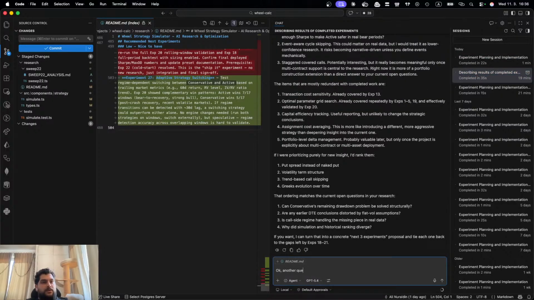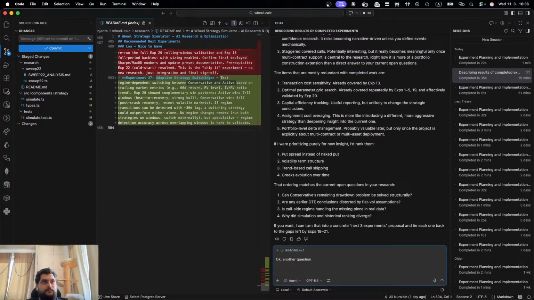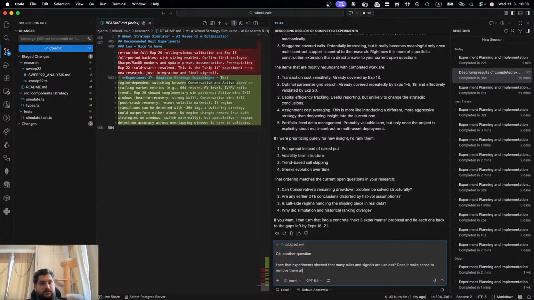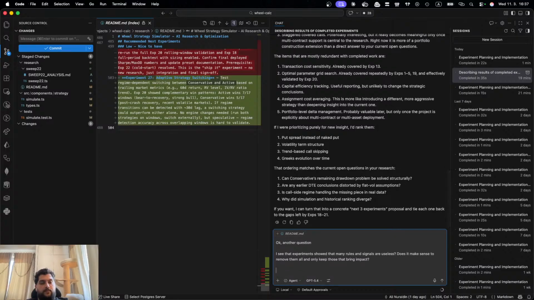Okay, another question. I see that experiments showed that many rules and signals are useless. Does it make sense to remove them all and only keep those that bring impact? And will we have to rerun experiments again in that case?